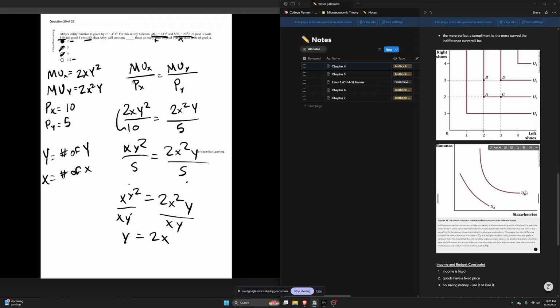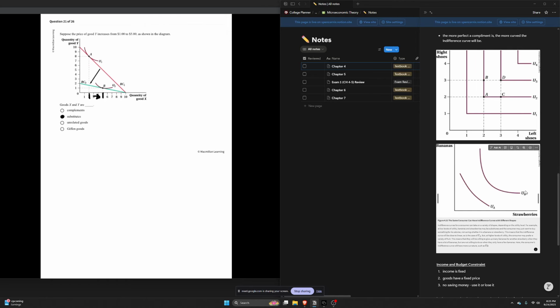So if y equals 4, then x would have to equal 2. So y has to be 2 times greater than x. Abby will consume 2 times as many of good y as she does of good x. That way we know it's 2 and not 1/2.